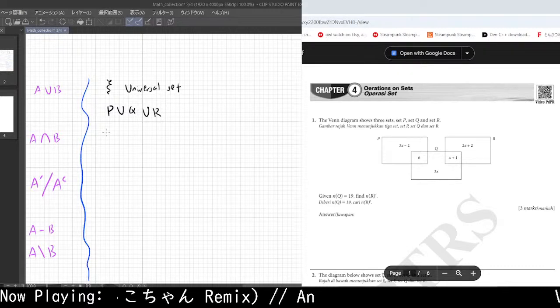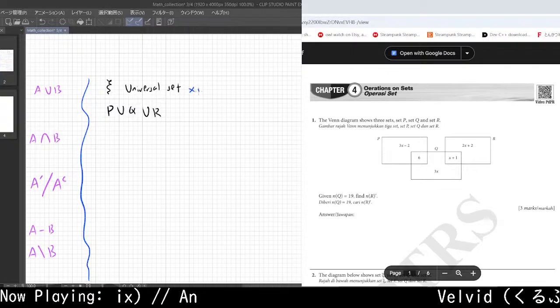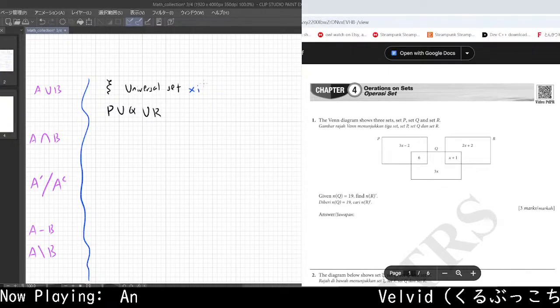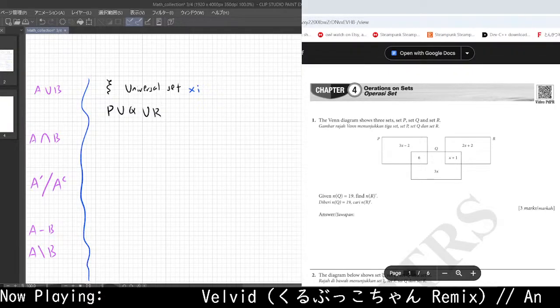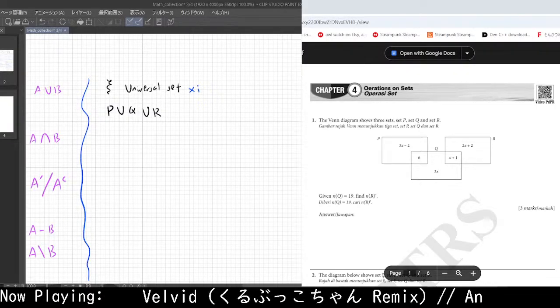It's the Greek letter xi, lowercase xi. You can look it up yourself.